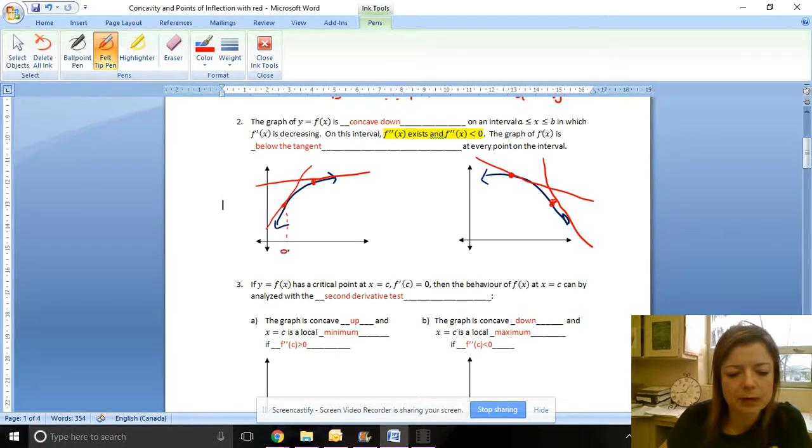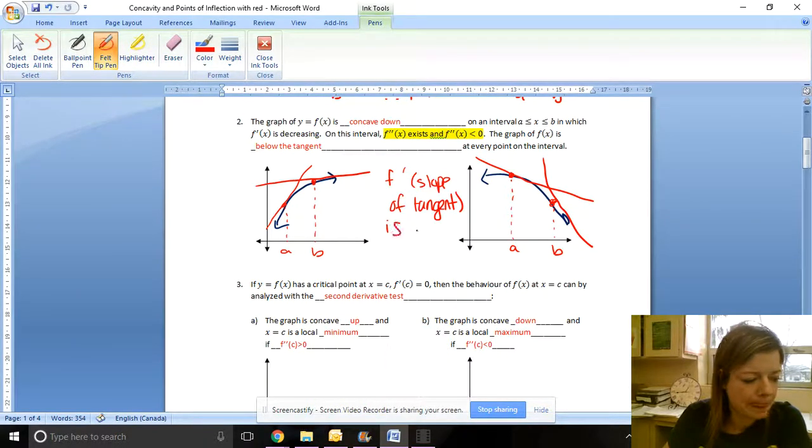On an interval from A to B, left to right, these are both concave down. Notice that the tangents are all above the curve, so the curve is always below the tangent. What is happening here? Well, f prime, the slope of the tangent, is always decreasing. Notice it's a high positive number, then a lower positive number, then a low negative number and then a very negative number.